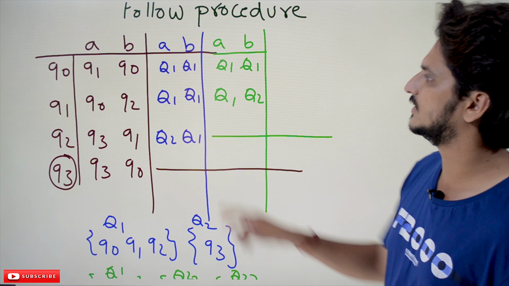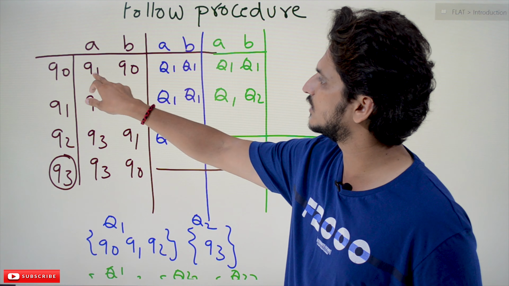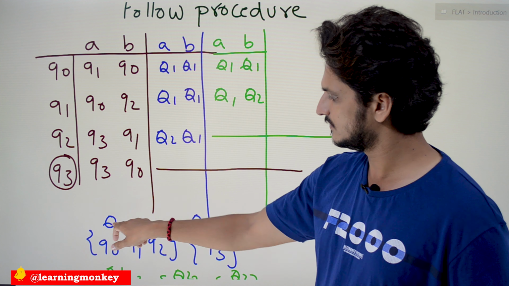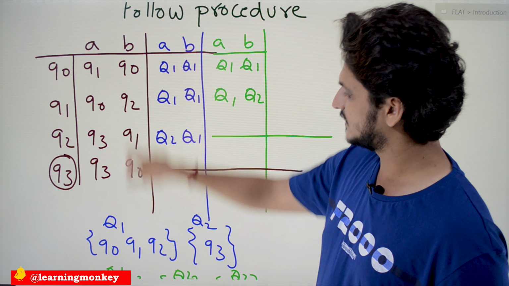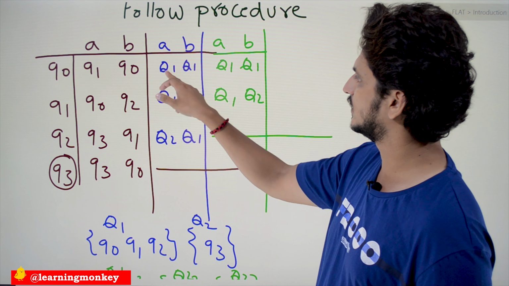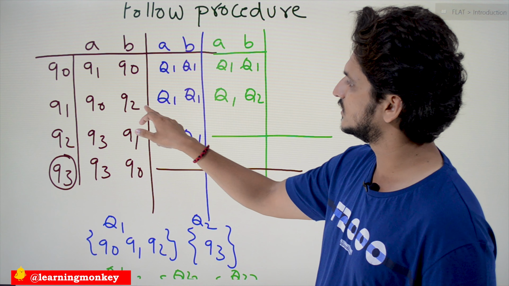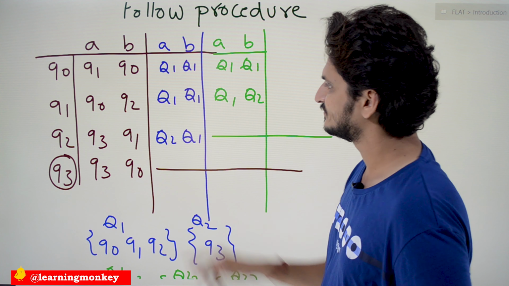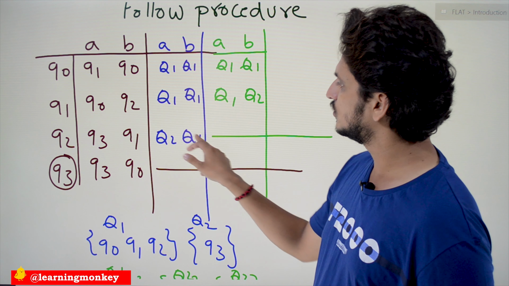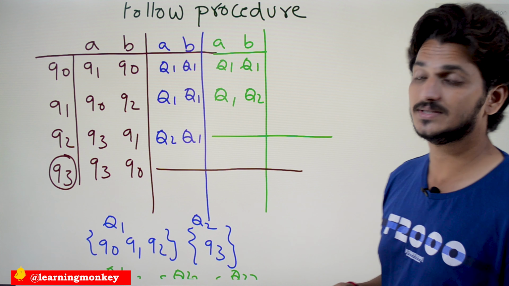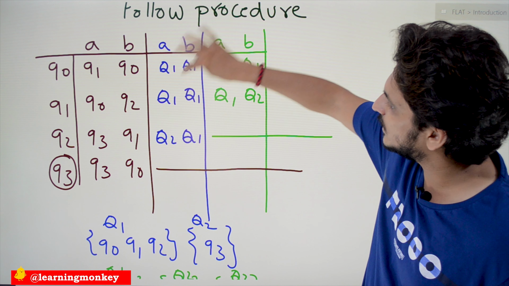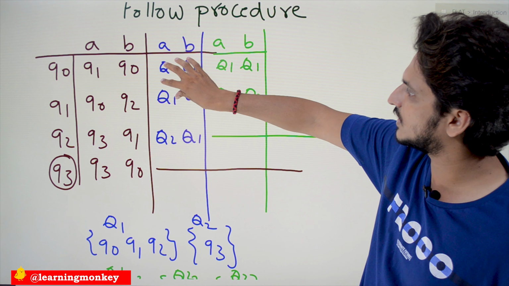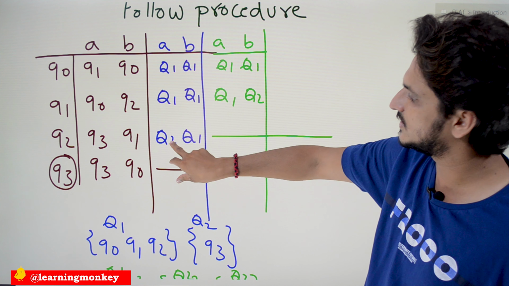Again we repeat the process. Q0 on applying A goes to Q1, which is in set Q1. In the same way, Q1 and Q2 go to sets Q1, Q1, and Q3 goes to Q2. Which of them are similar? The first two are going to the same sets, so they come under one partition, and the other is separated.